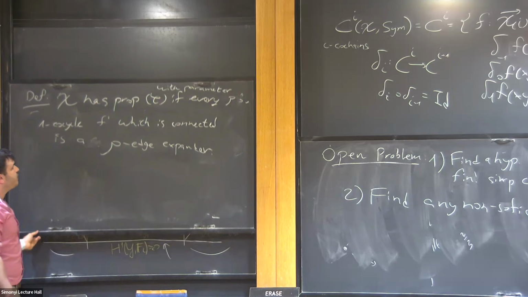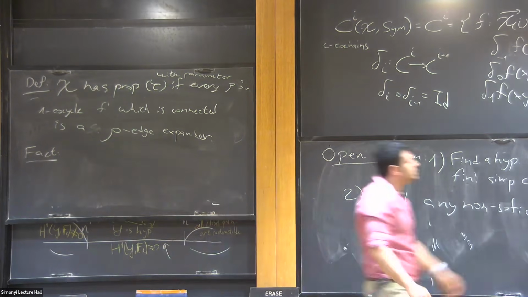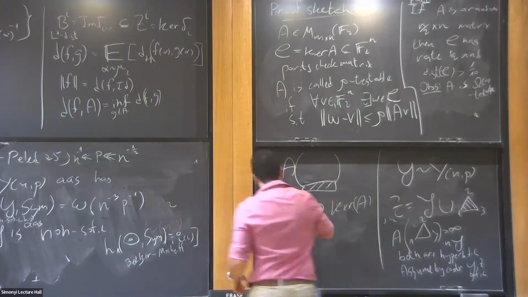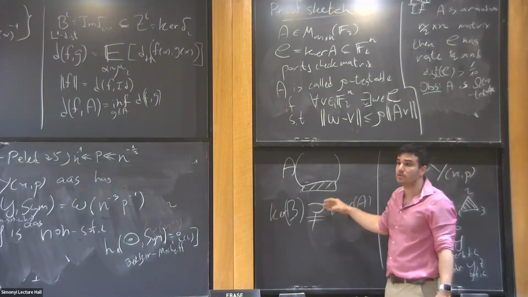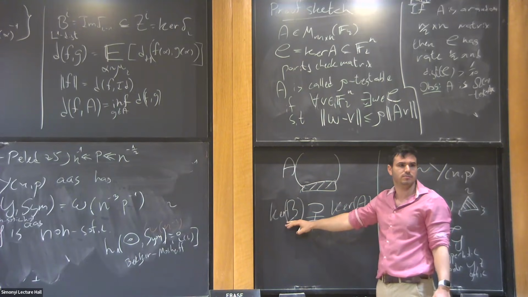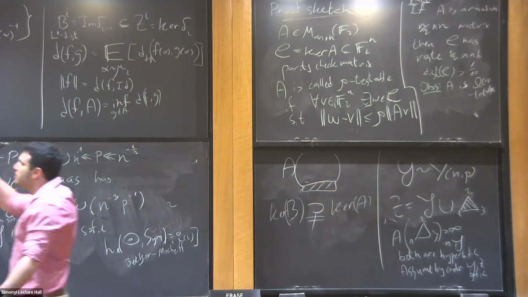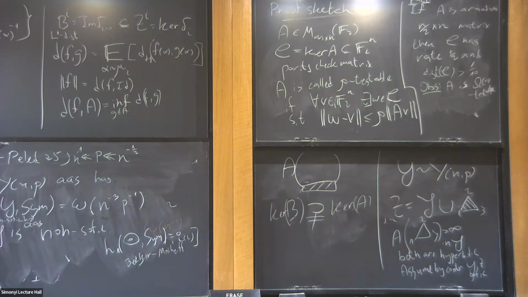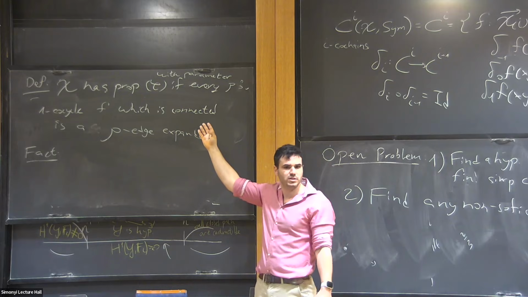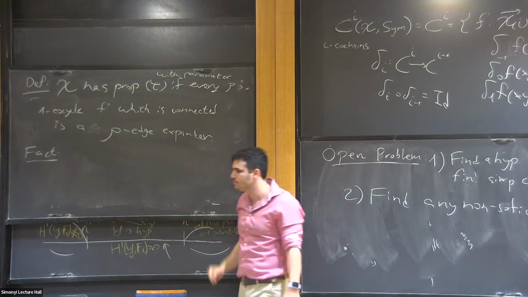And now let's say a few facts. First fact, and like before, remember how we used the distance of the code here. The way you use the distance of the code is that both the kernel of B also have good distance, right? And my point is that property tau is exactly the property of good distance in the context of these simplicial complexes. And this fact will explain to you how to see that.